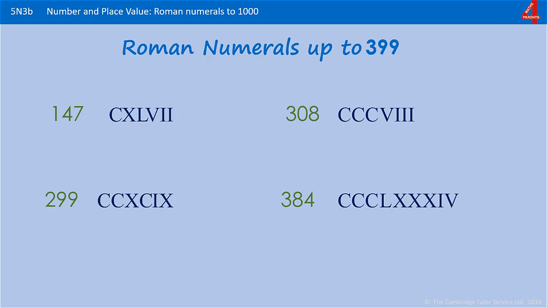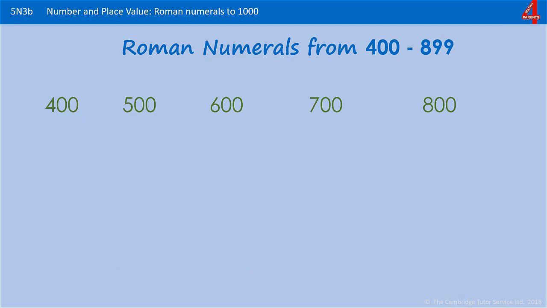From the pattern we've looked at so far, you'll probably be able to have a go at this. If D is 500, what do you think 400 is? Here we have multiples of 100 up to 800. 500 is D. 400, you've probably worked out, that's going to be 100 less than 500.